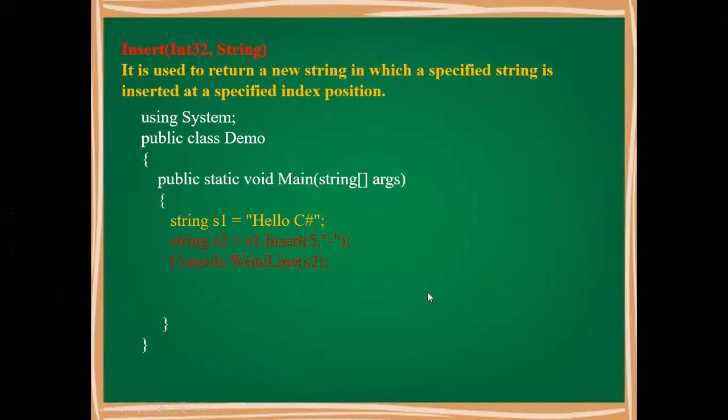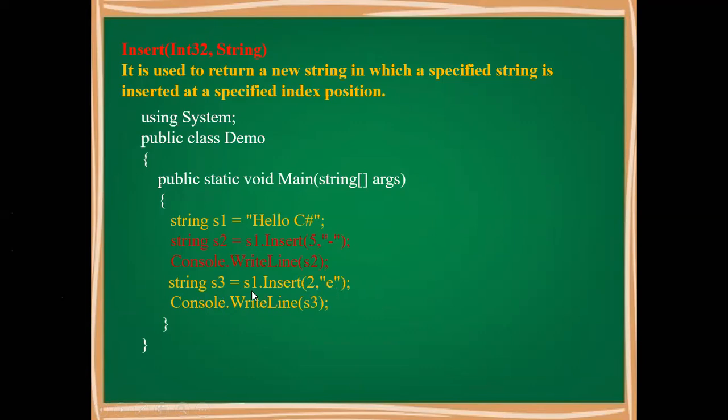So when we see the output, we will check that. Again, we have taken another variable to hold the value of the new string inserted. s1.Insert(2, "E").